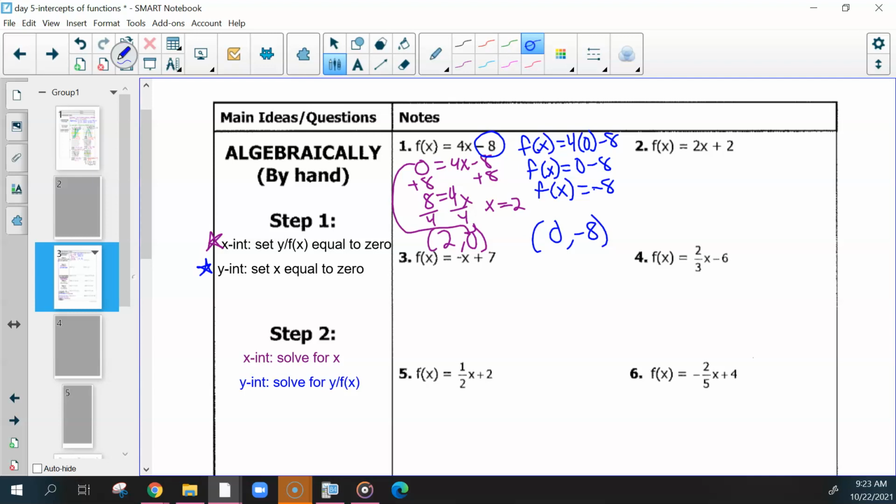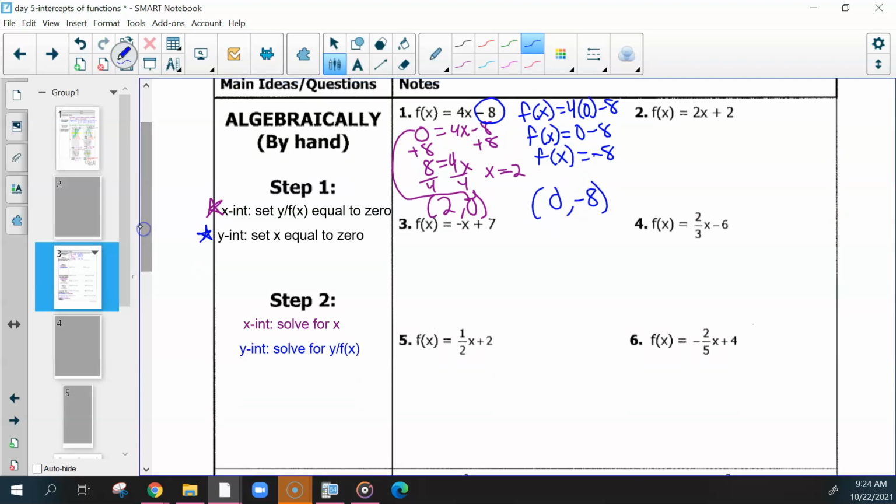We're going to do a couple more, starting with number 3, and then we'll do number 4. So for number 3, find our x-intercept, do the same process, put 0 in for f of x, and solve for x.